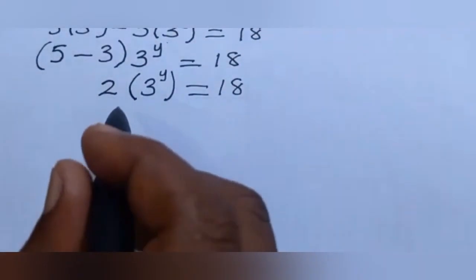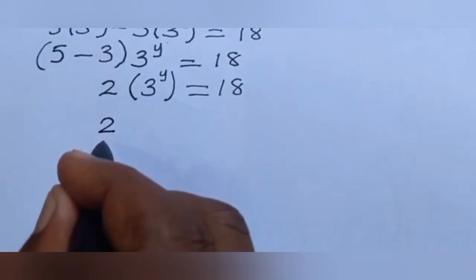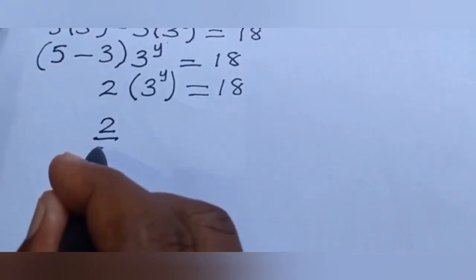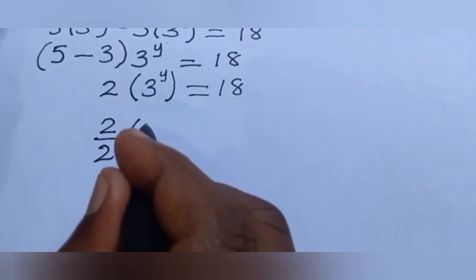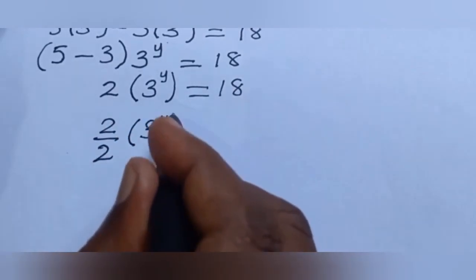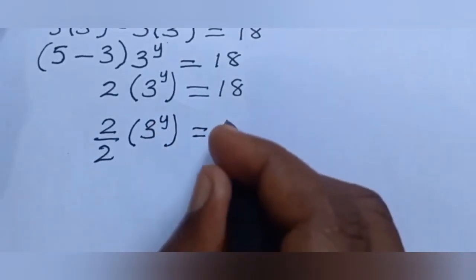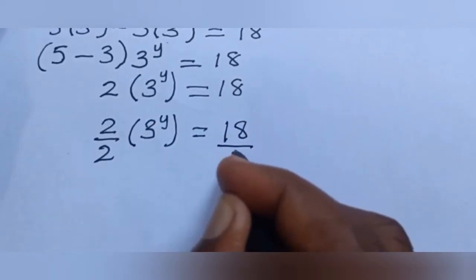Here, divide by 2 both sides. We have 2 over 2 in the bracket 3 raised to power y equals 18 divided by 2.